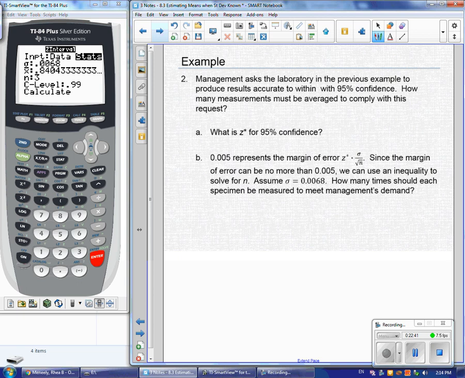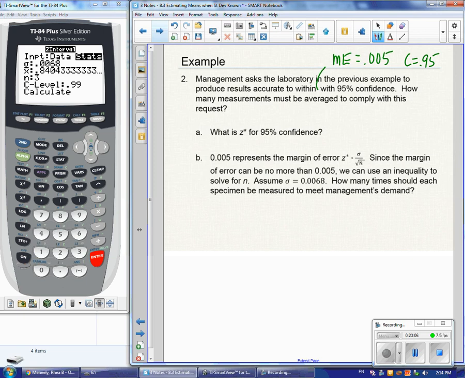So in number 2, it says management asks a laboratory in the previous example to produce results accurate to within, I think your paper just didn't actually show up on my slide. So within a margin of error of 0.005 and a confidence level of 0.95.